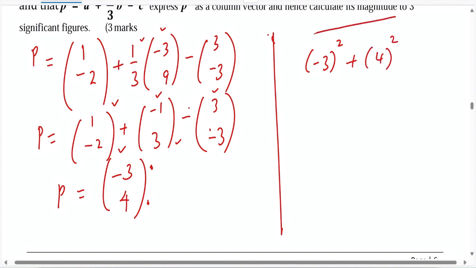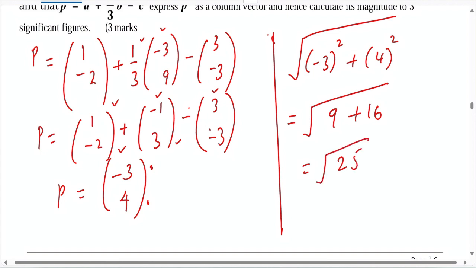After that you find the square root of it. So hapa ni 9 na hapa ni 16. So hapa itakuwa 25. The square root ya 25 itakuwa 5. 5 what? Bananas, mangoes, 5 units. So magnitude ni kama distance, so you're just measuring the distance itself.